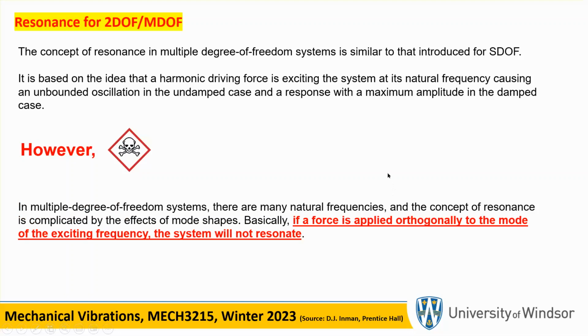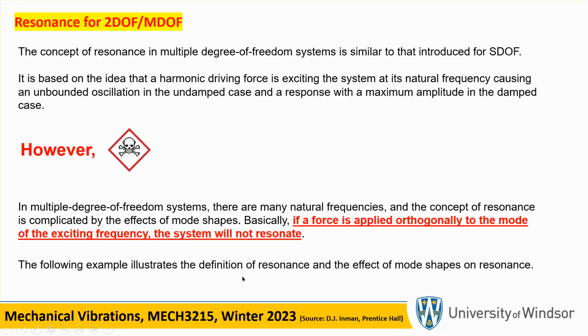For us, there are two because we're looking at 2DOF. And the concept of resonance is complicated by the effect of mode shapes. Basically, if a force is applied orthogonally to the mode of the exciting frequency, the system will not resonate. And I'll mention that to you in the context of an example.